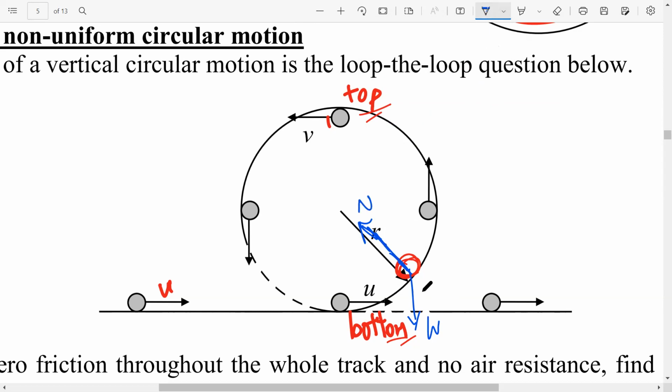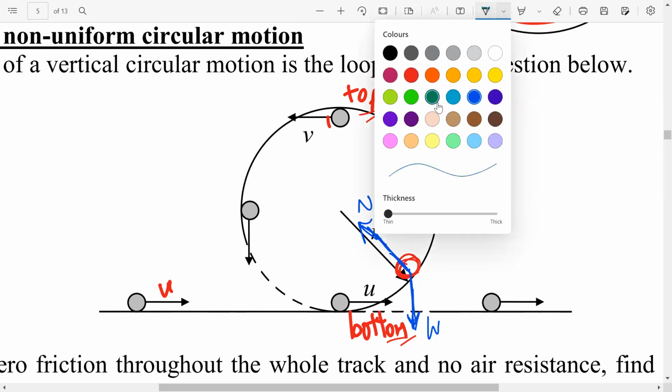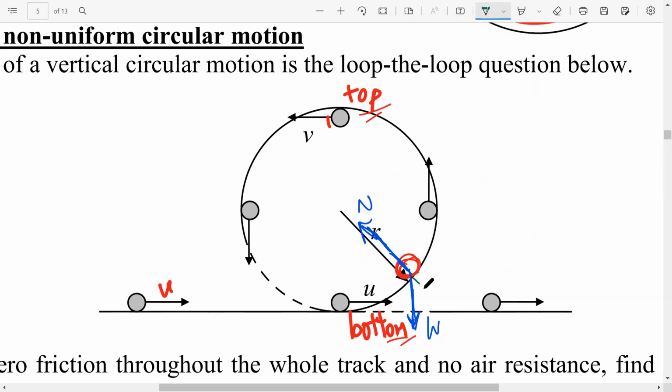We can resolve the weight into Wx and Wy. N minus Wx will be the centripetal force at that point. But there will be a Wy, which is the tangential component.